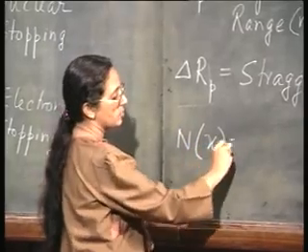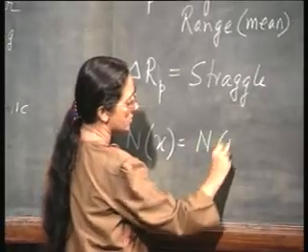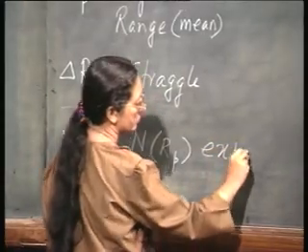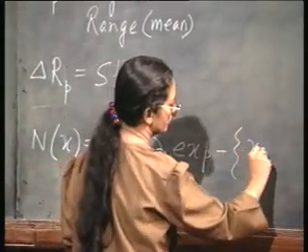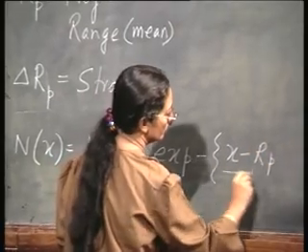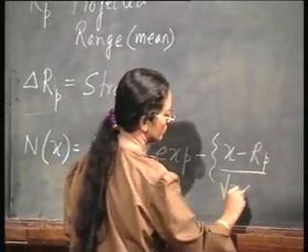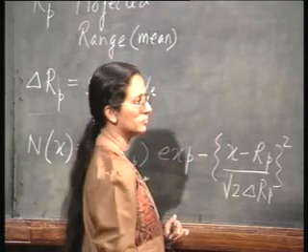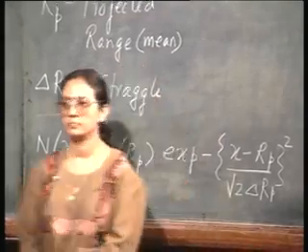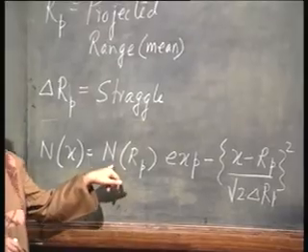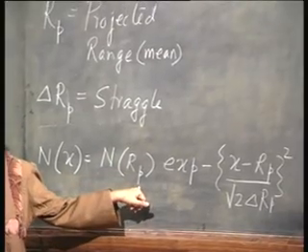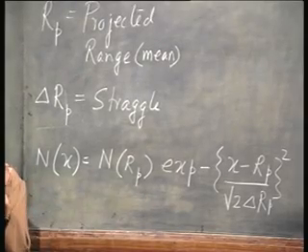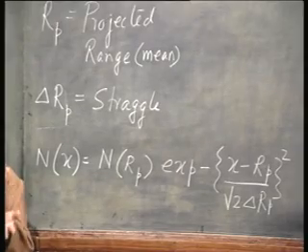N(x) is going to be given as n at Rp. Rp is the projected range, the mean projected range, where the maximum number of ions are going to come to rest.